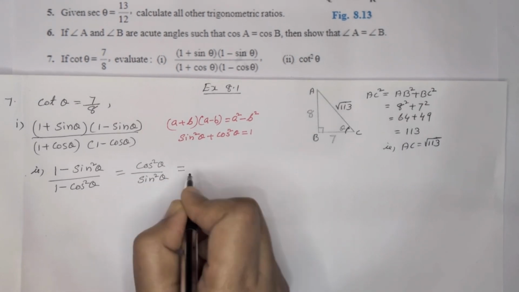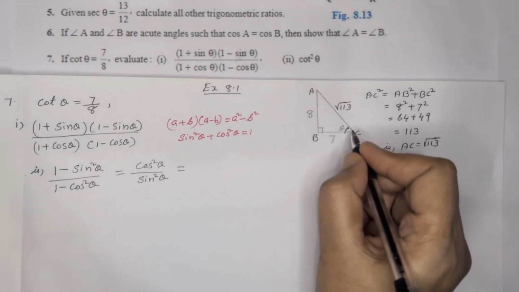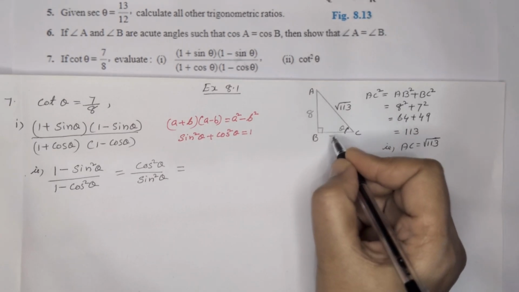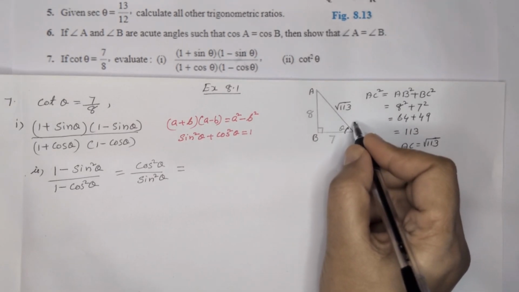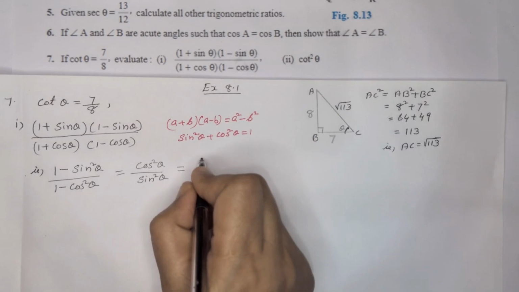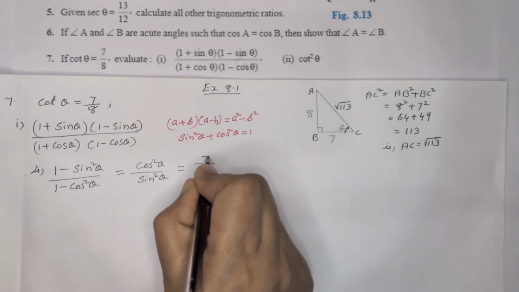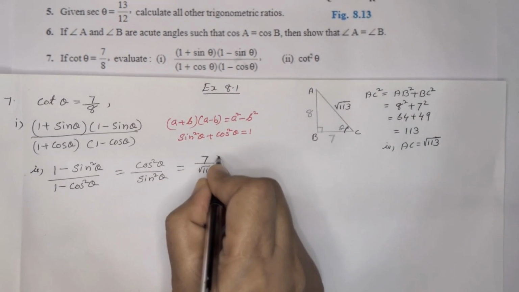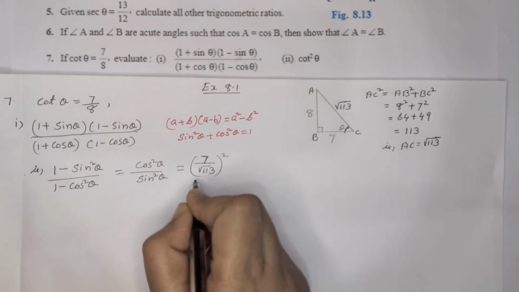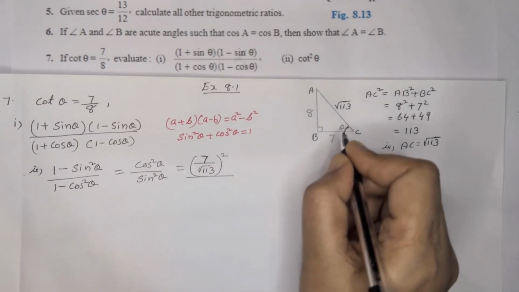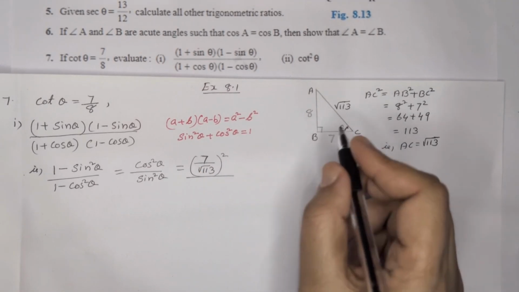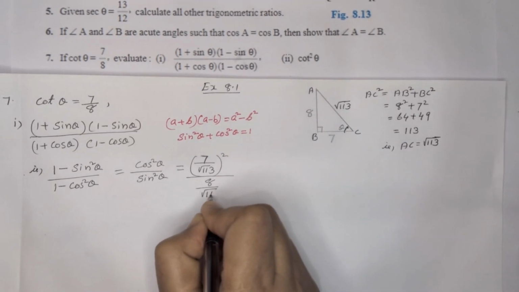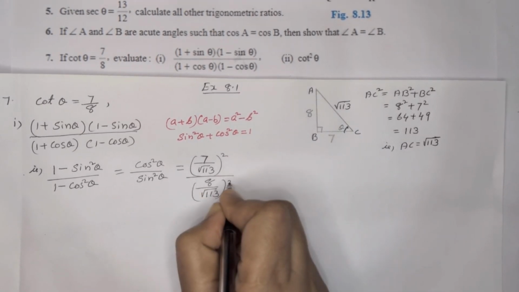Now we can put the value. Here cos theta, according to the figure, cos theta means adjacent by hypotenuse. So cos theta means 7 by root of 113. Then cos square means the square of that, divided by sin theta, which is opposite side, 8 by root of 113, and the square of that.